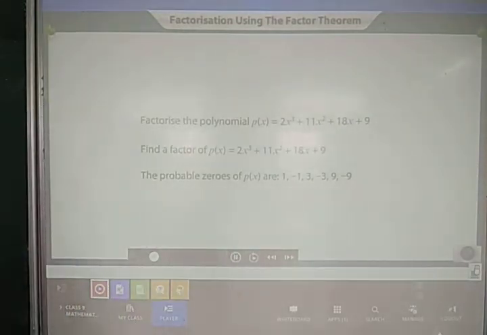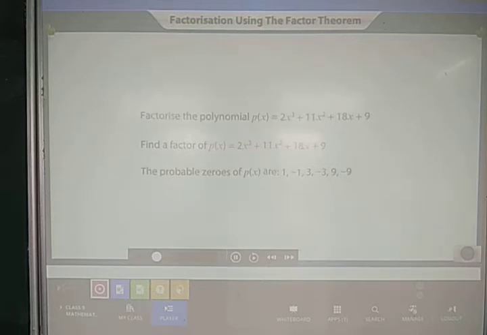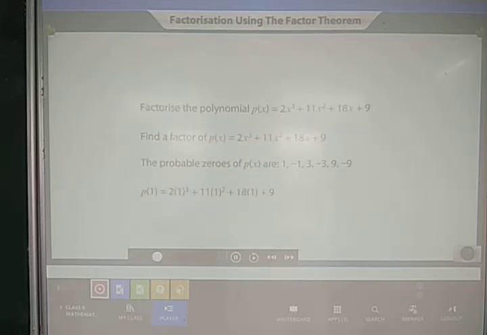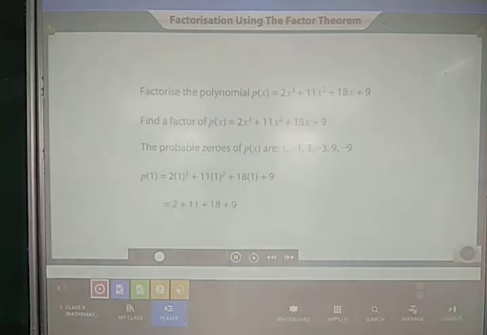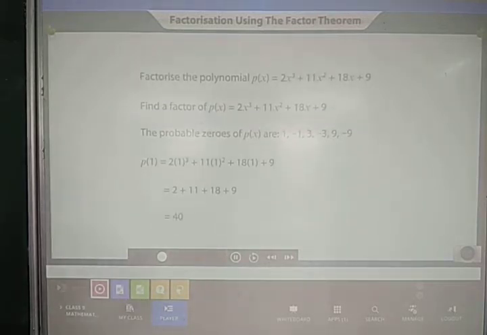Next, find the value of p(x) at each of these probable zeros until we find its real zero. The first probable zero is 1. Substitute x equals 1 in the given polynomial. This simplifies to 2 plus 11 plus 18 plus 9, or 40.